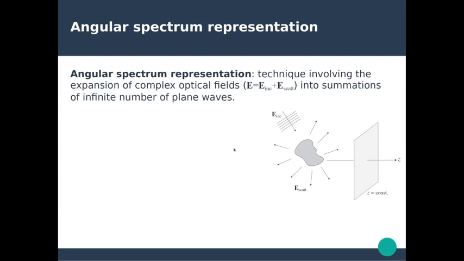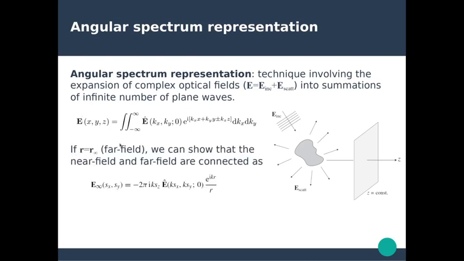A way to do that is using this angular spectrum representation, which is a summation of those different plane waves. So you have an infinite number of plane waves with different k vectors that you sum over the entire reciprocal space to obtain your field at a given location. If you're looking very far away from your system, you're looking at the far field, and this far field actually connects to the near field.